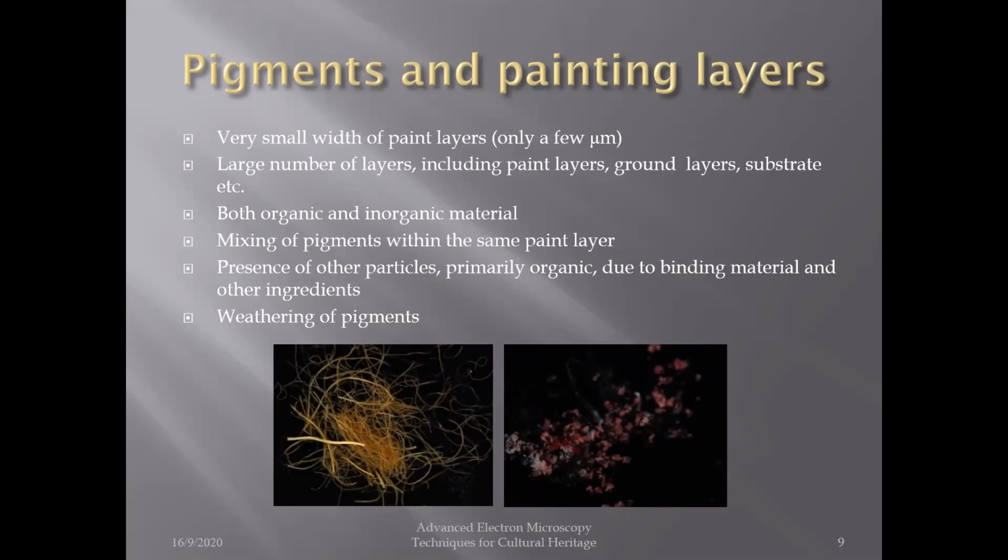They contain a very wide variety of different materials, both organic and inorganic. We have layers of a mixture of different paints, a mixture of paints and other materials like binding materials. And of course, we have weathering, which we know can affect greatly both the visual traits and the chemical traits of the pigments.